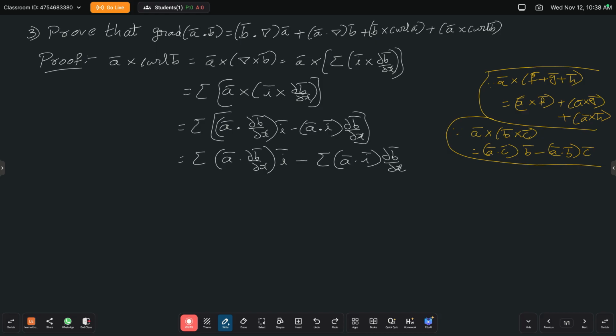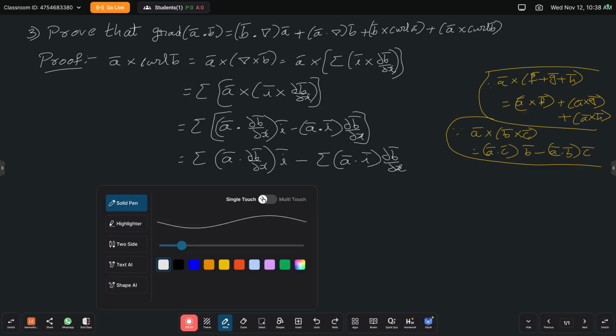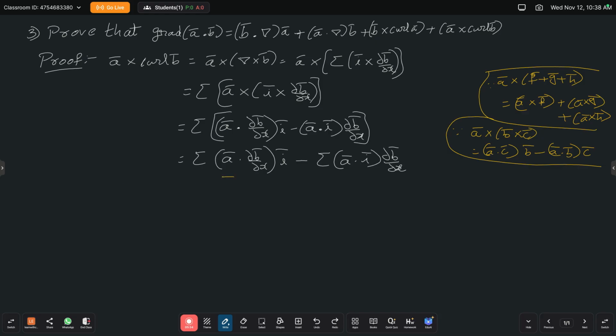Now if we observe the first term, a bar dot dou b bar by dou x: a bar is a vector, dou b bar by dou x is a vector. The dot product of two vectors is a scalar. This scalar can be multiplied with a vector I bar. For example, a scalar 3 into I bar can also be written as I bar into 3.